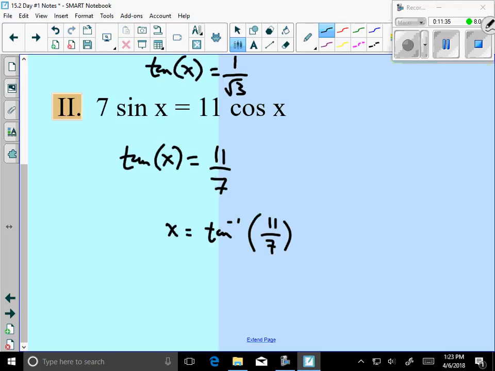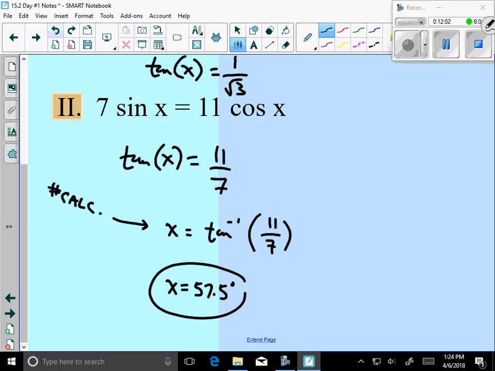Would somebody do that for me quick? X equals, what'd you say, JJ? 52.57. Can I say 57.5? You okay with that? You won't scold me? Okay. All right, cool. That's calculator. This is done. Hashtag calculator. That's a calculator problem. I don't see unit circle worthy numbers there.